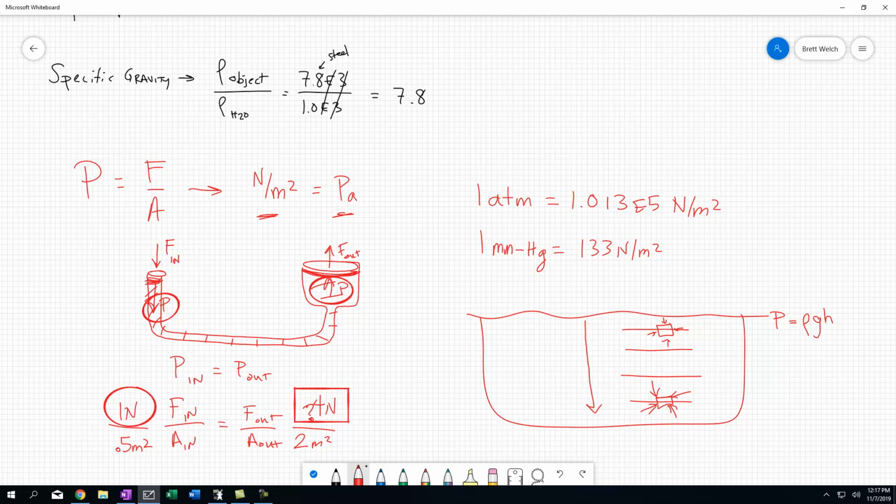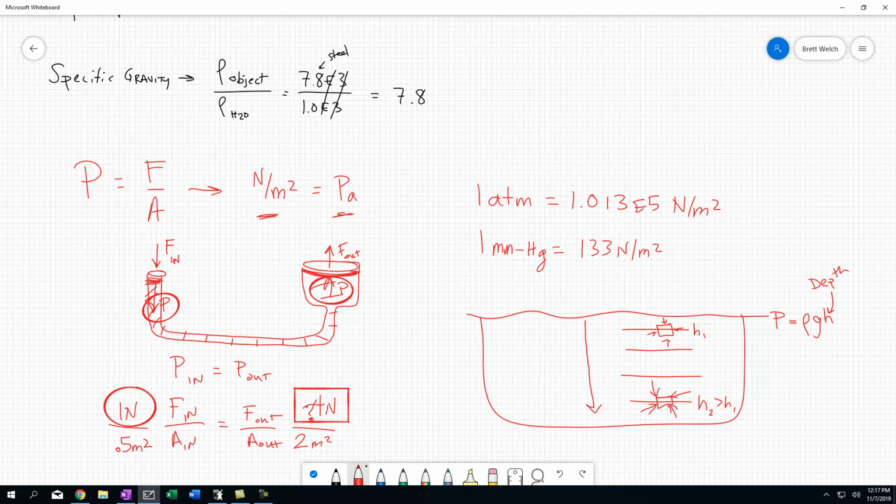Now when we talk about your height, you have to understand this is more of a depth that you need to think about, because the further down I go, the more pressure there would be. So this would be H2, this would be H1. It's important to understand that H2 is greater than H1. Yes, it's lower, but we're looking at how it is measured from the edge of the surface.